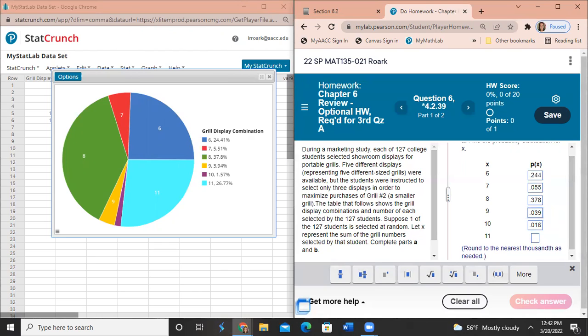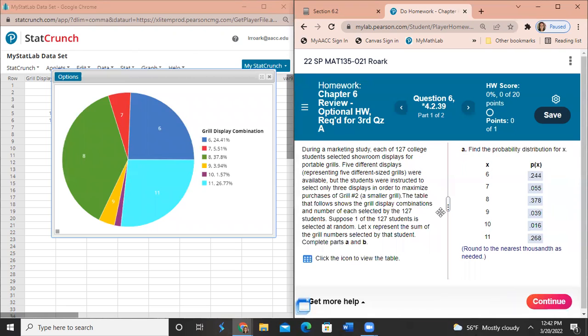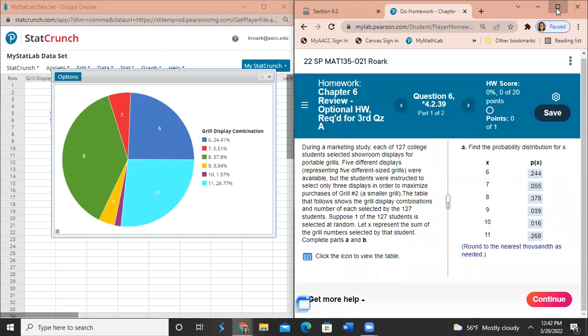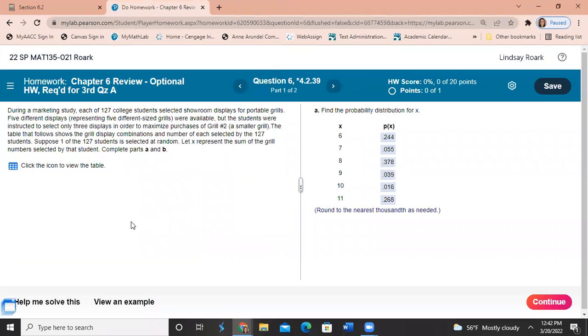Let me take that back. 0.016, and then last but not least, 0.268. Okay, as long as I rounded everything correctly there, I'm just trying to look through and check that. I think that looks good. The tricky part is we have to go through and actually calculate those probabilities. And also, again, it's confusing because the problem is crazy with these combinations.